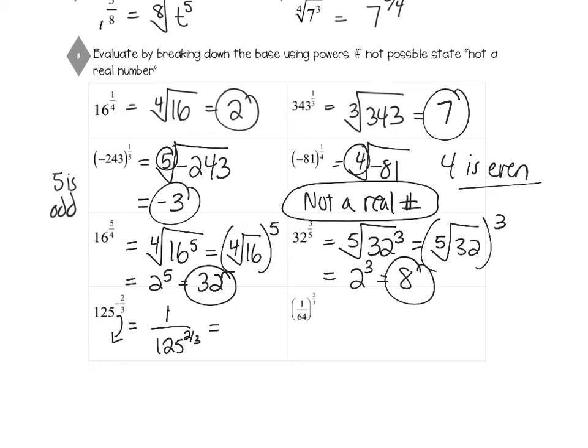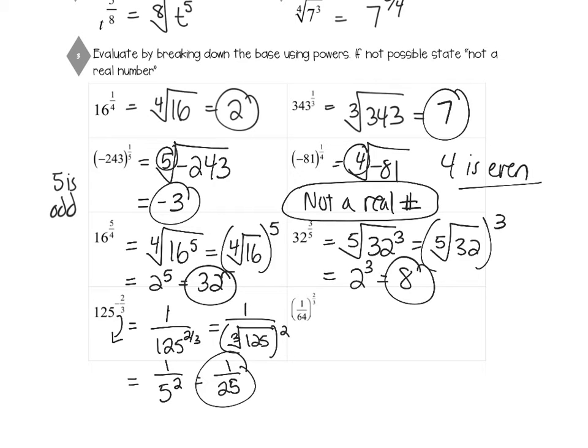And then further, it can be rewritten as 1 over the third root of 125 all to the second power. Okay? The third root of 125 is 5, so we have 1 over 5 to the second power, which then becomes 1 over 25 for our final answer. So when you have a negative exponent, you bring it to the bottom.